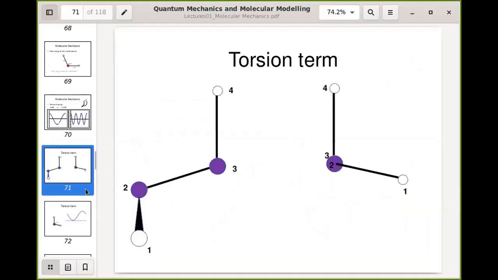Okay, so just as an example, I would have liked to use hydrogen peroxide as an example, but hydrogen peroxide actually has two maxima and minima, and I was looking for a system that has only one maxima as you do a rotation. You'll see what I mean in a moment.